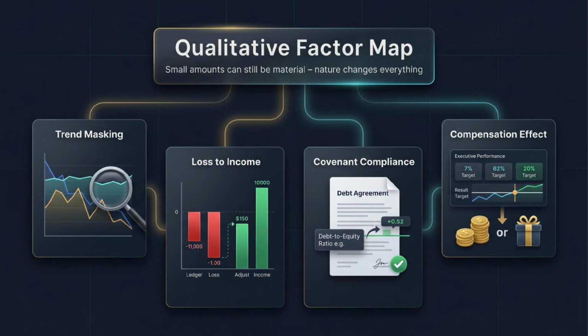Users read patterns, thresholds, and signals. A misstatement that hides a declining margin may be more important than the same dollar amount in a stable account. A misstatement that affects a covenant may be more serious than a larger amount with no decision impact. Materiality asks whether the user's judgment could change, not merely whether a percentage threshold was crossed.